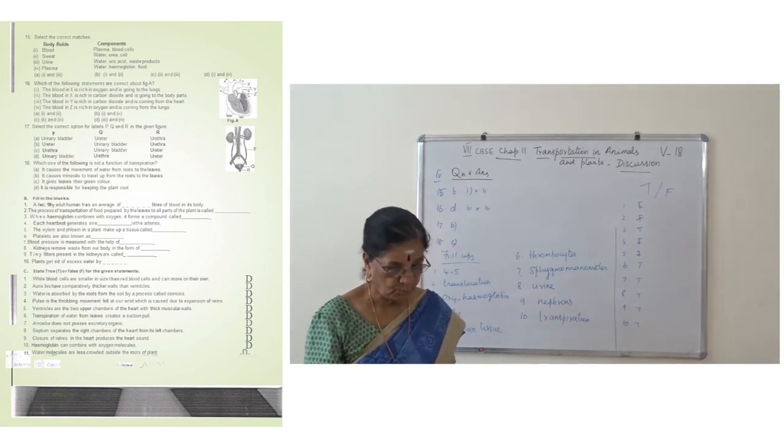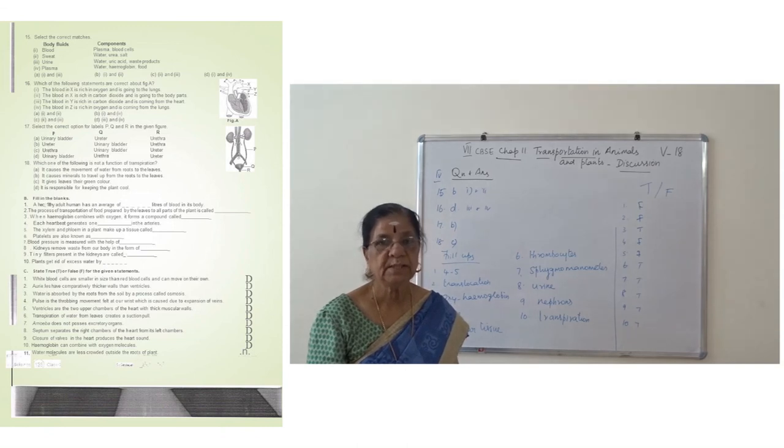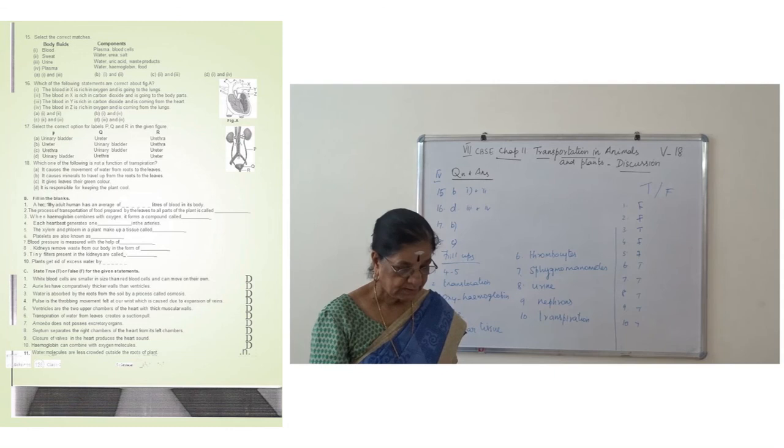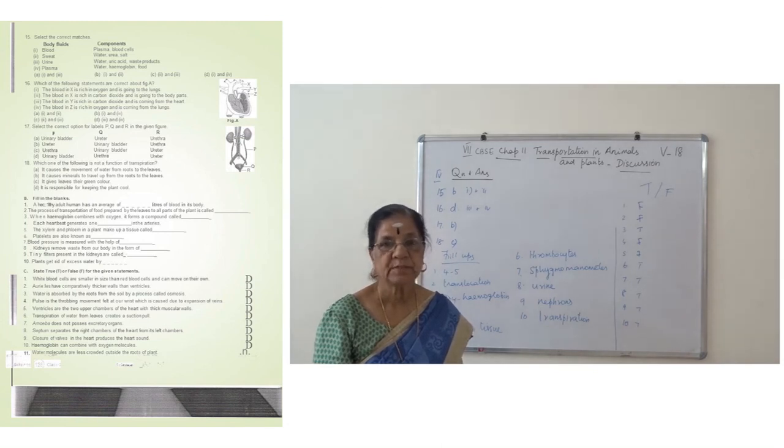Then kidneys remove waste from our body in the form of urine. Then tiny filters present in the kidney are called nephrons.